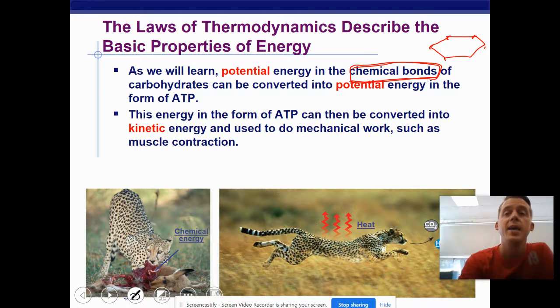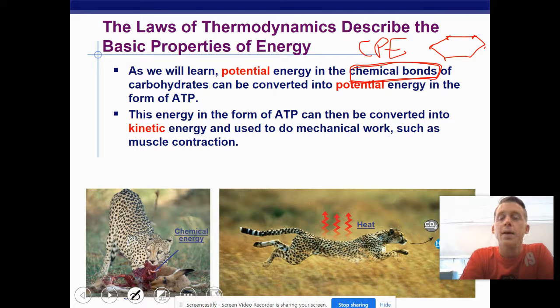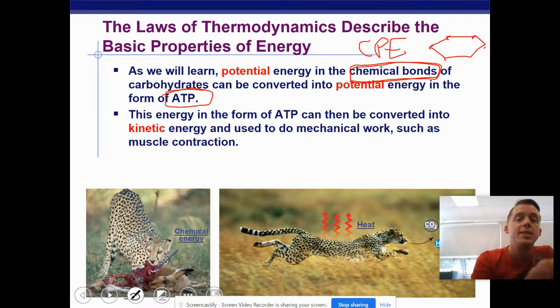Sometimes we refer to this as chemical potential energy, or CPE for short. And this chemical potential energy can be used to make cellular energy, which is going to be ATP, and we'll learn more about ATP later.